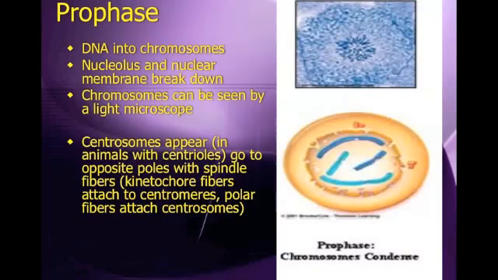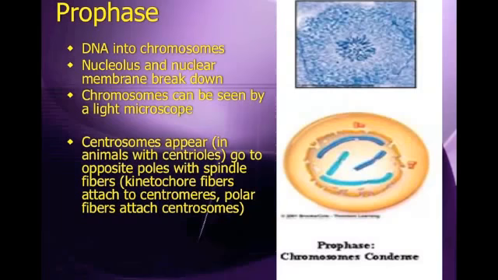And your centrosomes appear. In animals, they're known as centrioles, and go to opposite poles. And the centrosomes and centrioles produce your fibers. And there's spindle fibers, of which there are 2 different types: kinetochore fibers and polar fibers.